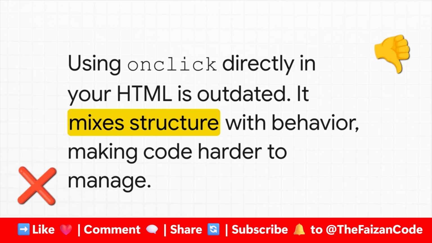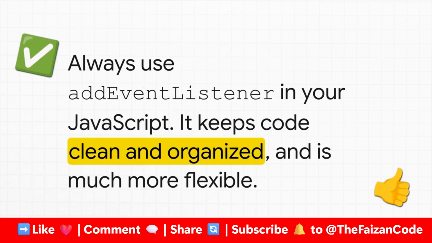It kind of works, sure, but it mixes your page structure with your page behavior, and that can get really messy really fast. The modern, clean, professional way to do it is to keep your JavaScript in its own file and use addEventListener. This is way better because it keeps everything organized and it's so much more flexible. For instance, you can easily add multiple listeners for the same event on one element, which you just can't do with the old onclick attribute.